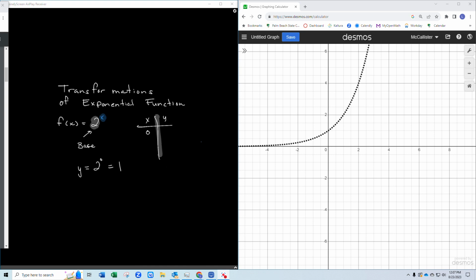Anything to the 0 power is always 1, which is going to give us this point right there on the graph. That's one of the points we're going to be looking at in the transformations. The other one that we're going to reference is 2 to the first power, which is in this case 2. So when x is 1, y is equal to 2.